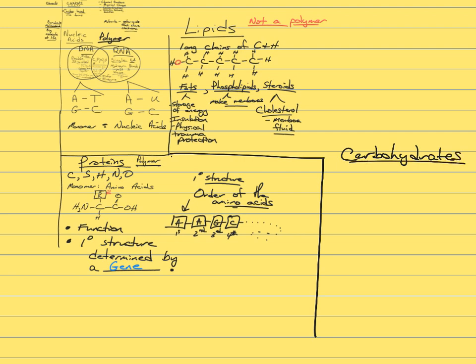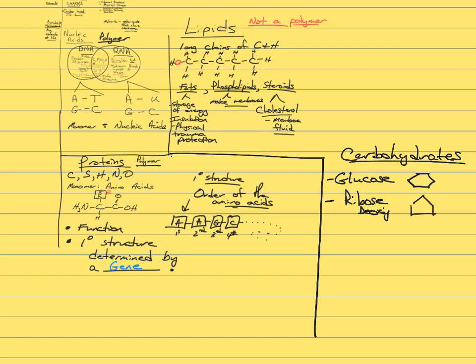Carbohydrates, probably the most important one for most life on Earth, is glucose. Glucose, and we talked about it a lot. It's six-sided. It's a hexose. But of course, there's another really important one that we talked about, and that's ribose. And there's two forms of ribose. There's the deoxy form, and there's the regular ribose, and that's a pentose sugar.